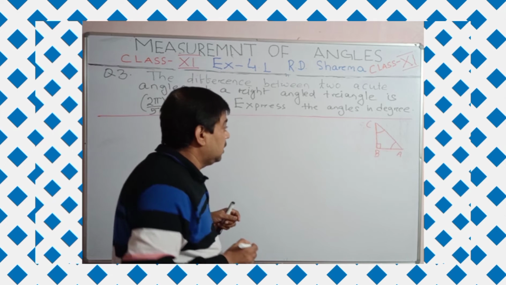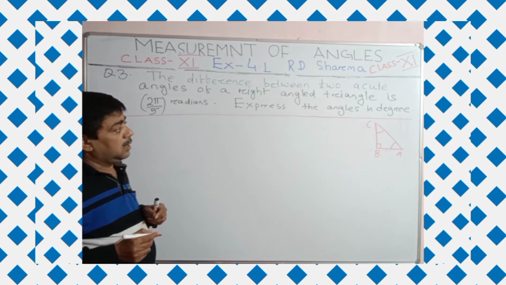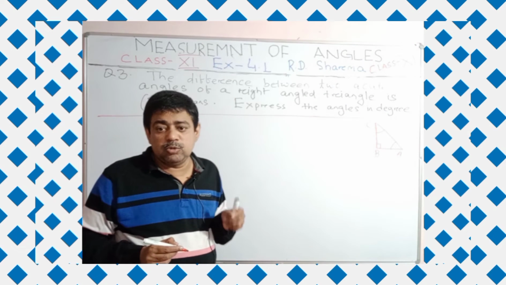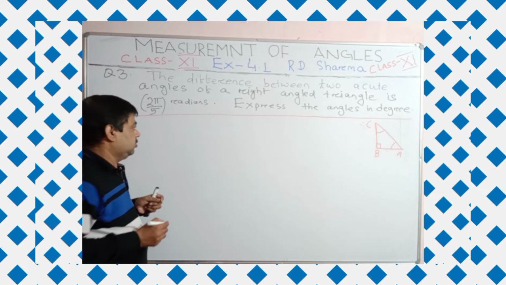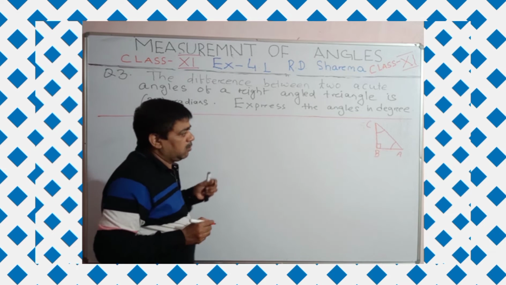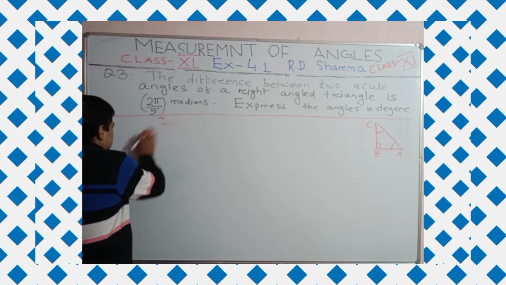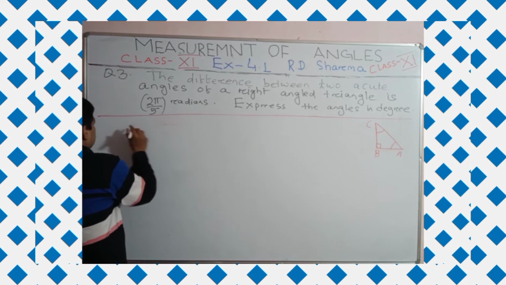But it is given that the difference between the two acute angles is 2 pi upon 5 radian. Okay, let the two acute angles be alpha and beta. Let us find the solution. Write down the solution here.